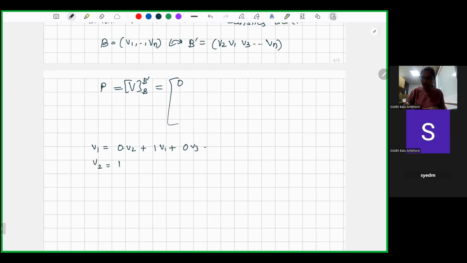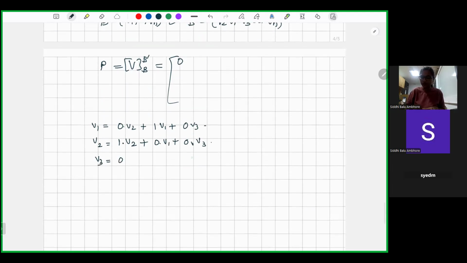V2 is 1 V2, 0 V1, 0 V3, and so on. The rest are 0. So understand that a basis change matrix is the linear transformation matrix of the identity transformation corresponding to the given bases.